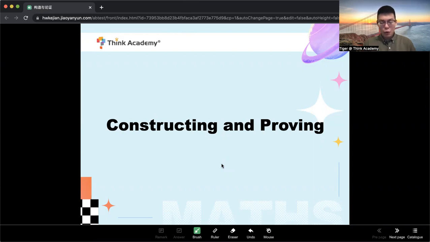So what we will be doing today is constructing and proving. There's not much I can tell you about constructing and proving. We are just going to look through these questions and see how we can handle these types of questions, all right? Constructing and proving is also very popular in the JMO, and there's going to be one proving or construction question almost every year.